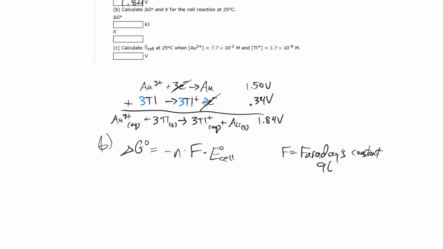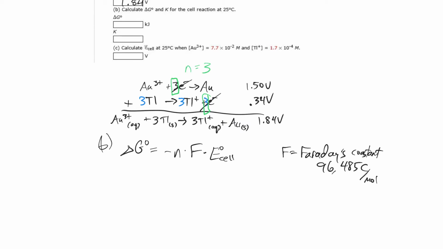Which has a value of 96,485 coulombs of charge for every mole of electrons. And then n, this is important not just for this part of the problem, but later on, the coefficient in front of the electrons just before it crosses out is a 3.